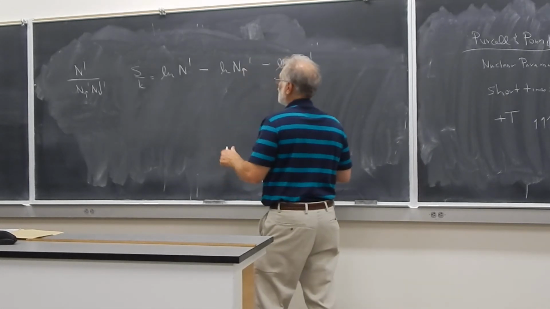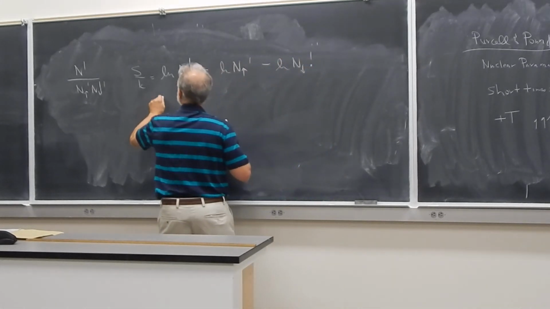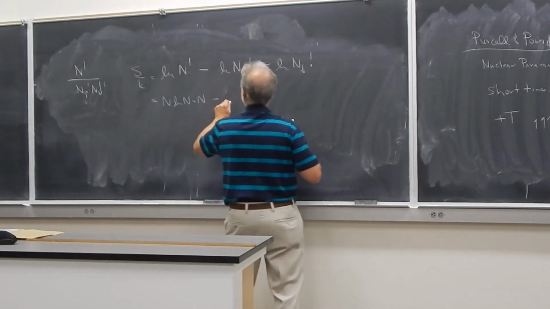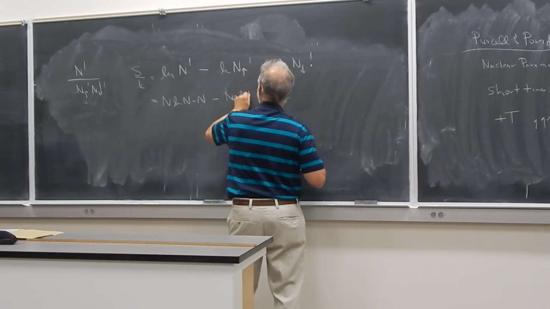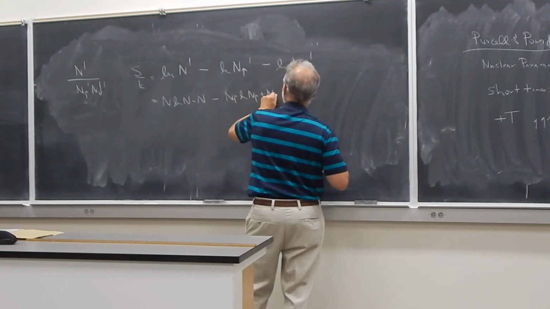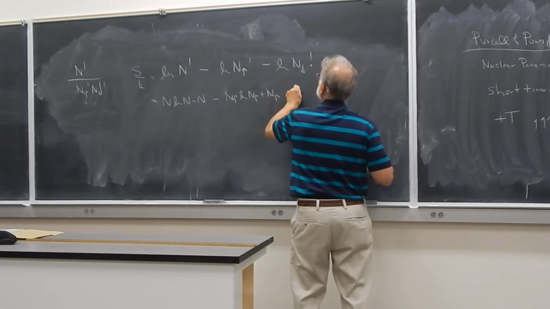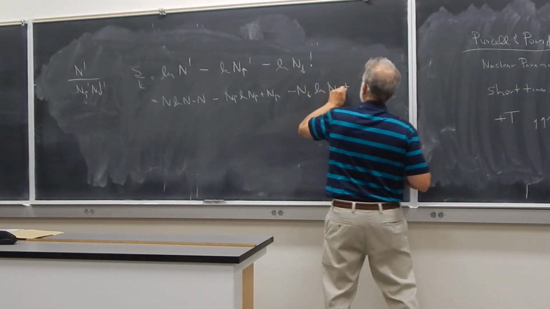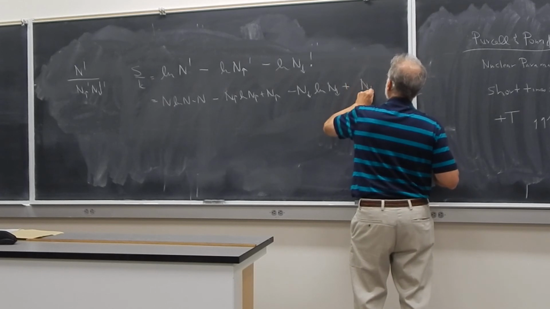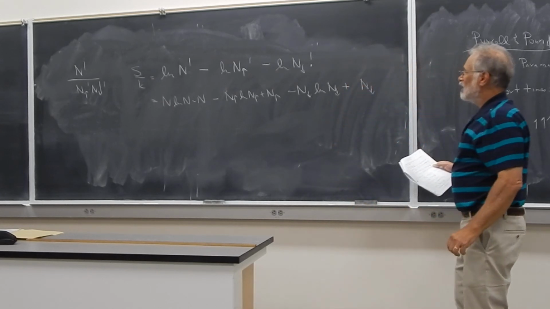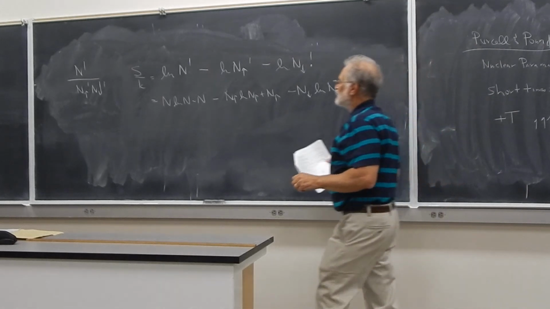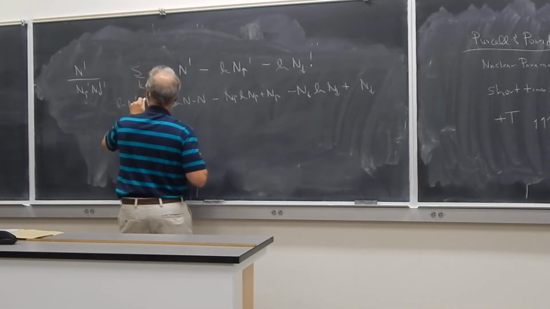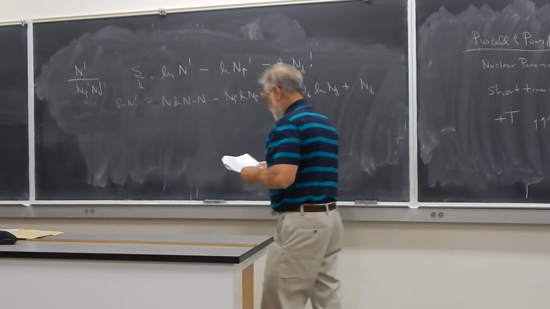And I can use Stirling's approximation, so this is N log N minus N, minus N up log N up plus N up, minus N down log N down plus N down. Using Stirling's approximation for the log of N factorial is a pretty good approximation. We're talking about very high spins.